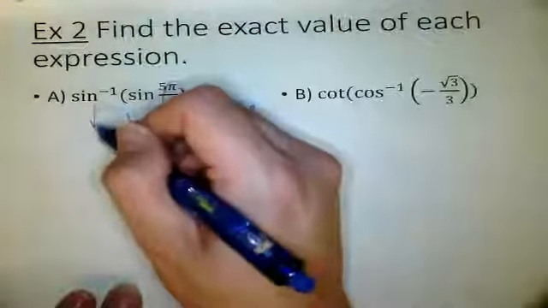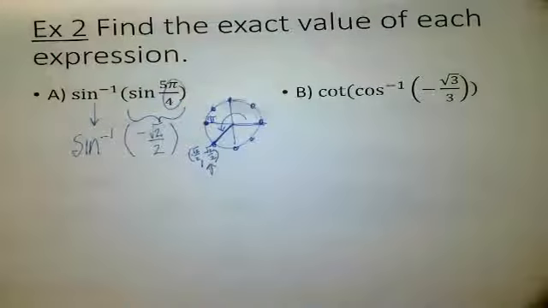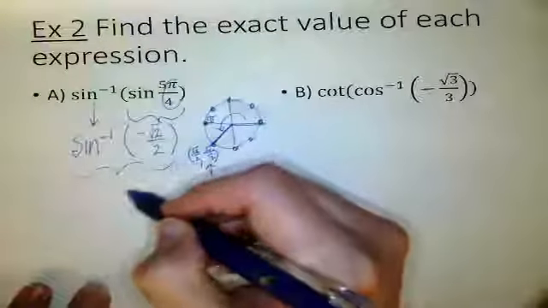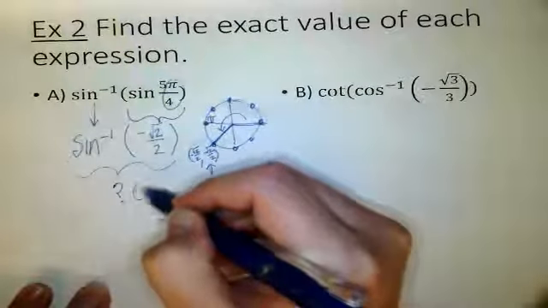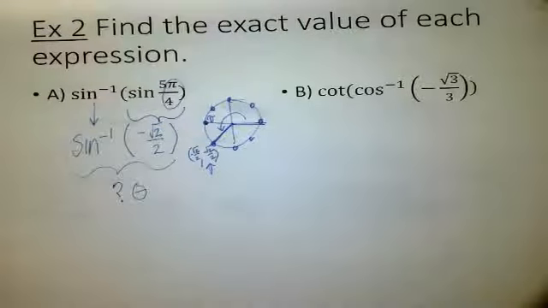And now we get to move to the outside function here, which says, hey, what angle has a sine ratio of negative radical 2/2? Now this is an inverse function.